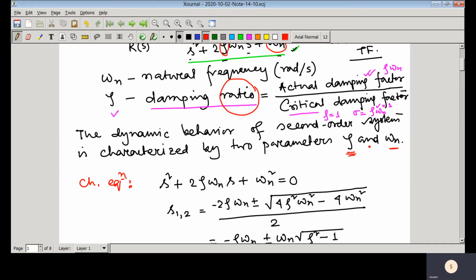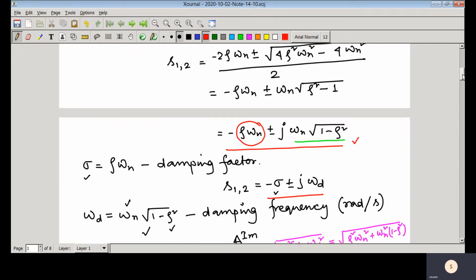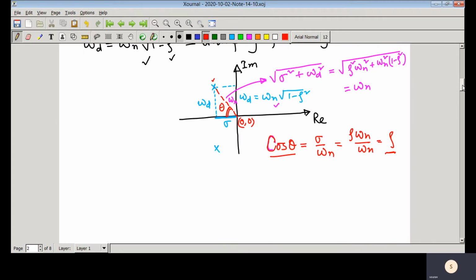So now we will be concentrating on zeta, the damping ratio, and we will see the different behaviors of the second order system. So the first case is, this is actually the unit step response.